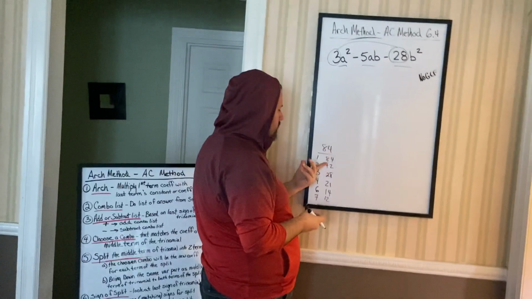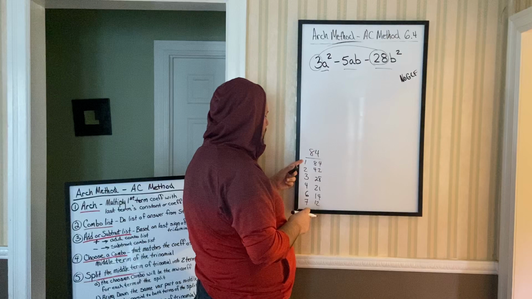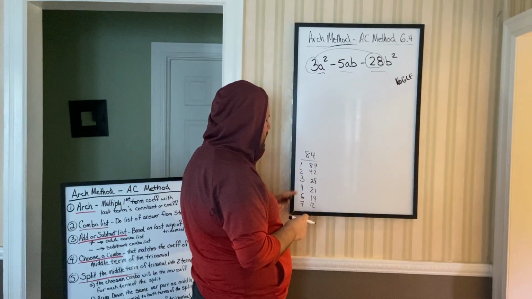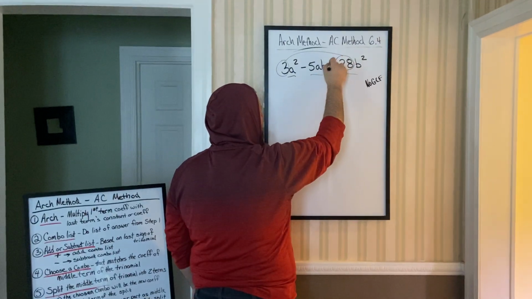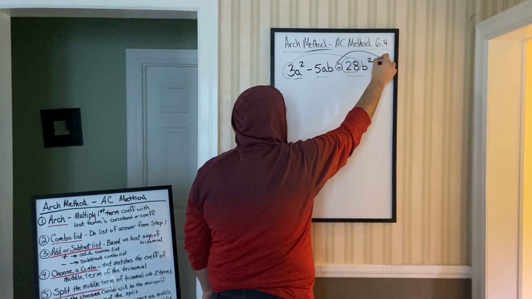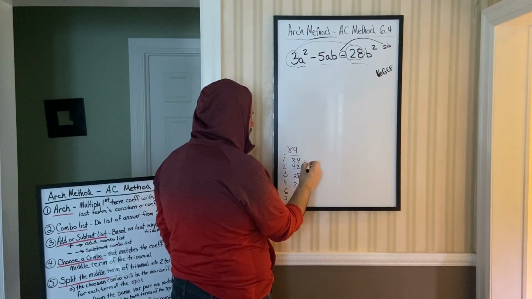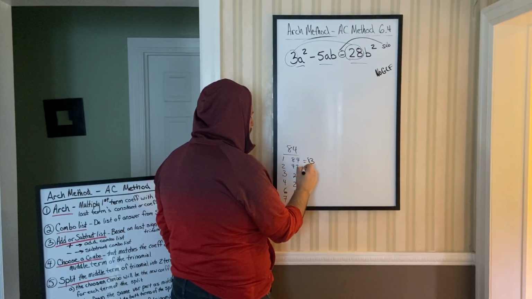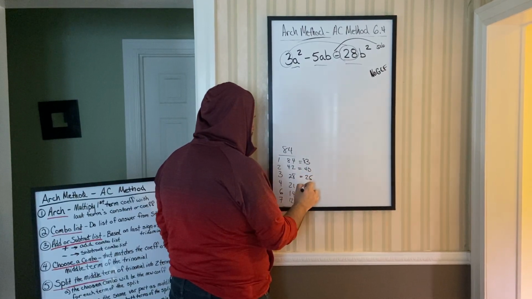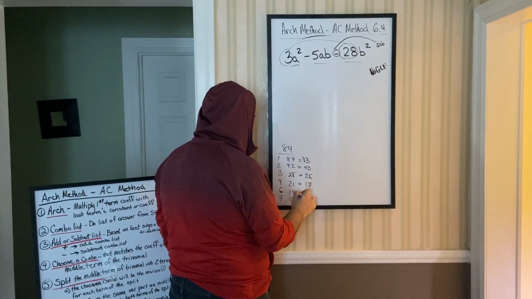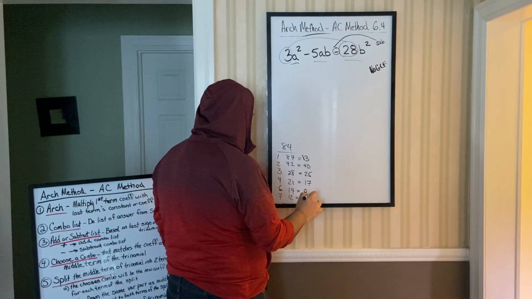We're going to have to choose one of these to see if it works. Remember, we're either going to have to add this list or subtract this list. Because this is a minus sign, last sign will tell you subtract. So subtract each of these combos. 83, 40, 25, 17, 8, 5.